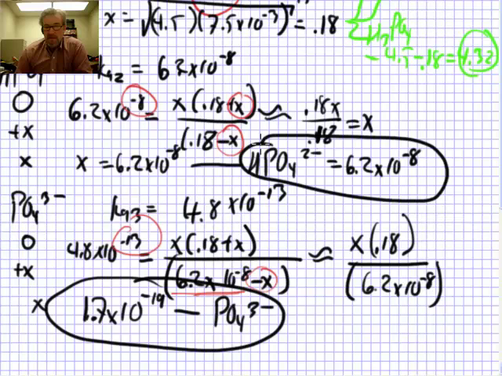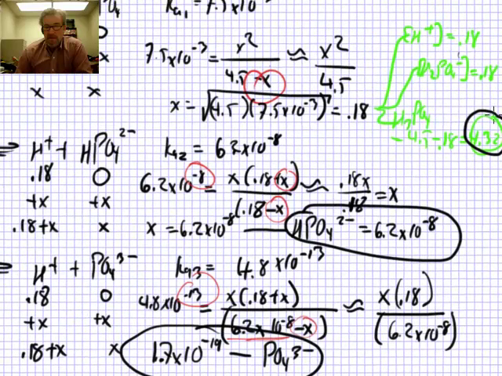The concentration of H3PO4 is down to 4.32. The concentration of H2PO4 minus is 0.18, and the concentration of H plus after all this is done is still 0.18. So in fact, it is true that the first dissociation gave all of the H pluses that are even worth considering.